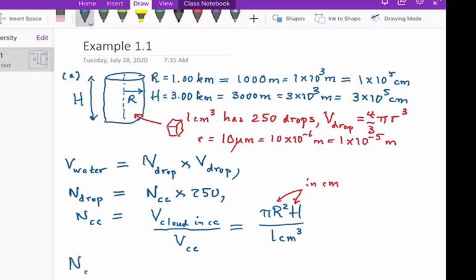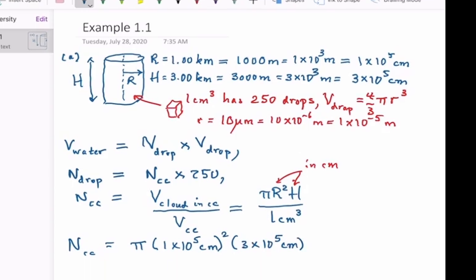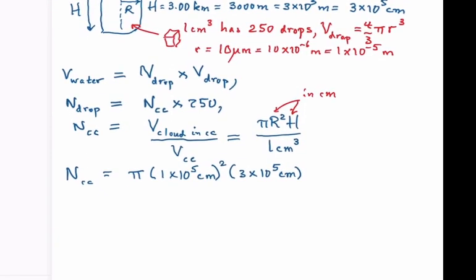So now let me plug in numbers. Okay, pi times the radius of the cloud in centimeters, 1 times 10 to the 5 centimeters. Don't forget to square that, times H, 3 times 10 to the 5 centimeters. Okay, I've got to move this up so that you can see it.